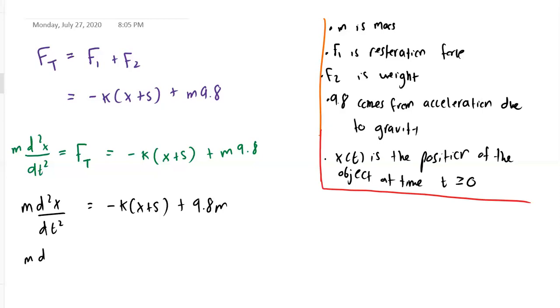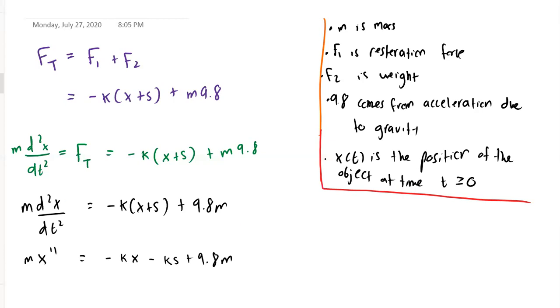Okay, so now that we know that the variable is t, I'm just going to write x double prime equals, let me expand this, negative kx minus ks plus 9.8 m. M, sorry, for mass, not meters. Let me draw those k's again. They look kind of weird. So k, that's better.